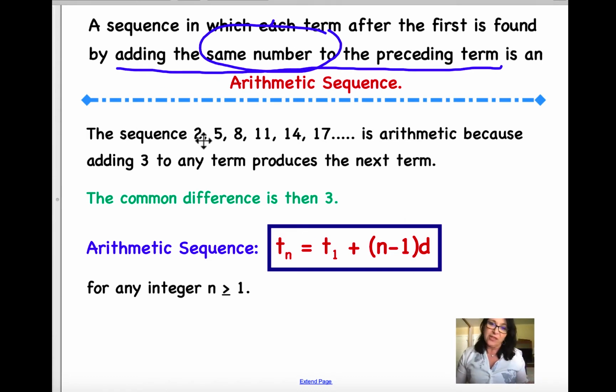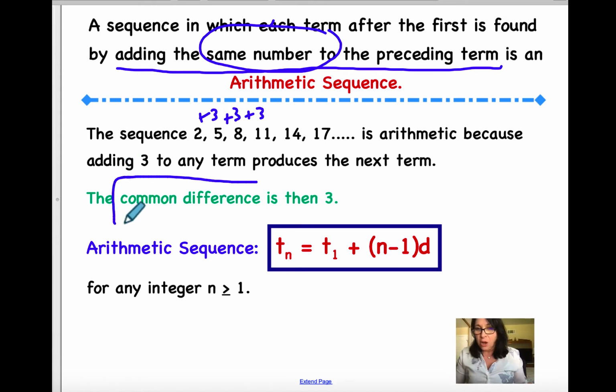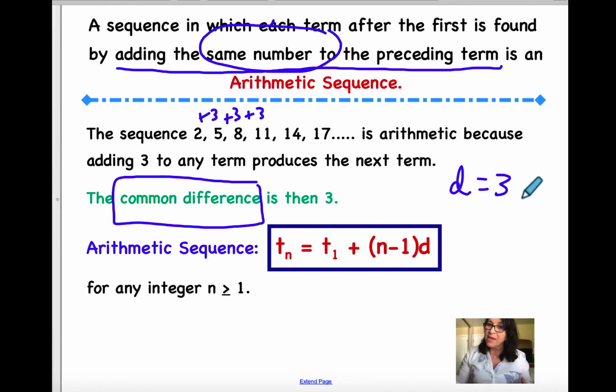If I give you this sequence, 2, 5, 8, 11, 14, 17, how do I know it's arithmetic? Well, 5 minus 2 is 3, 8 minus 5 is 3, 11 minus 8 is 3. See how I'm adding the same value each time? Again, we call that a common difference. And our common difference, or d, for this sequence is 3.